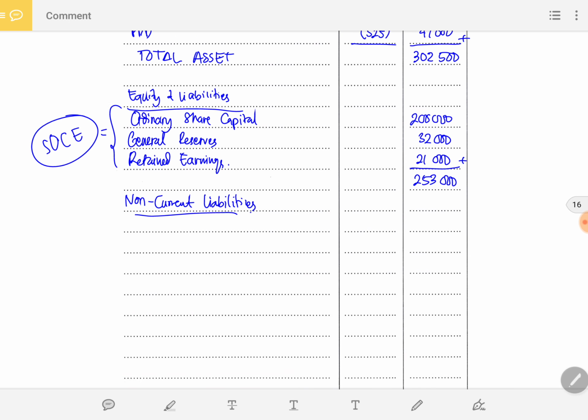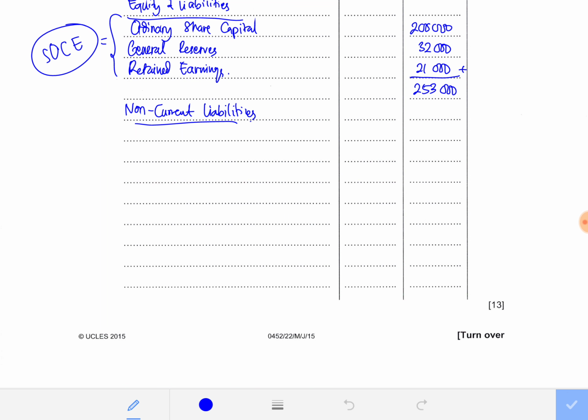Okay, so you have 5% debentures, 15,000, and then current liabilities, you have trade payables, and then you have bank overdraft.